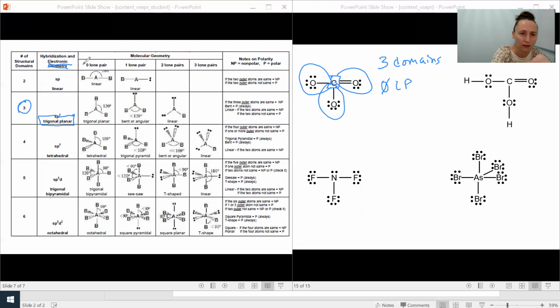The lone pairs are listed here. I have 0 lone pairs, and therefore the molecular geometry is also called trigonal planar. When you have 0 lone pairs, the electronic and molecular geometries are the same. So we have trigonal planar.